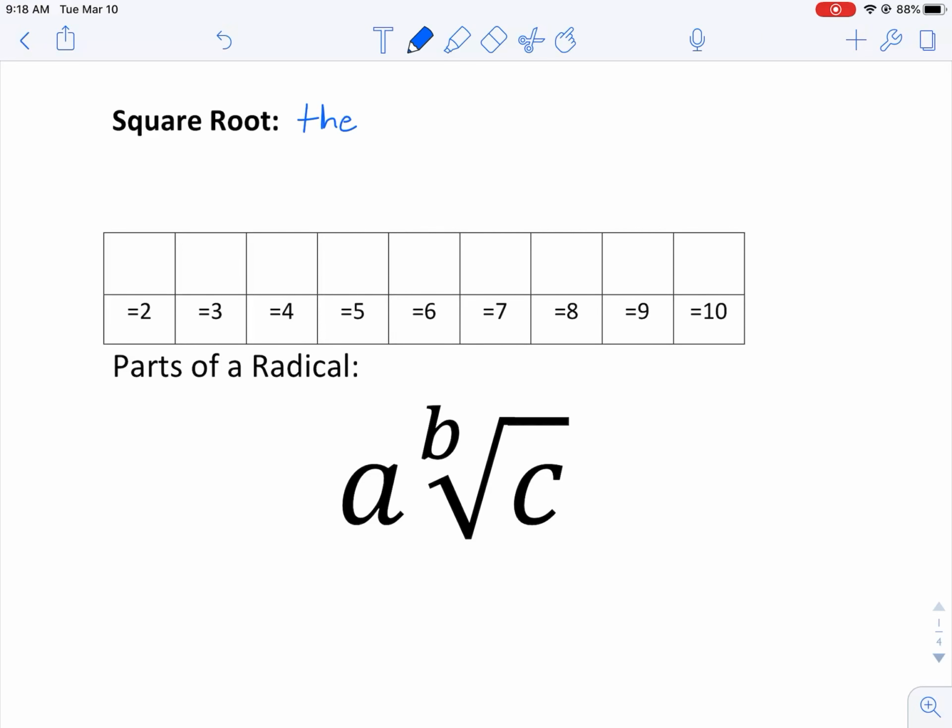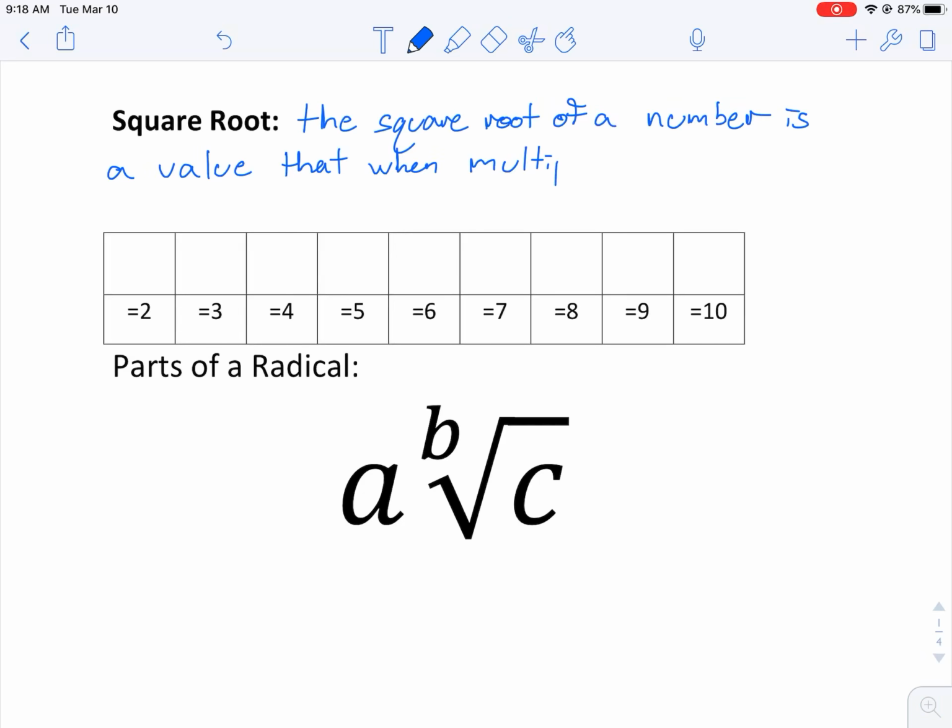The square root of a number is a value that, when multiplied by itself, gives that same number.